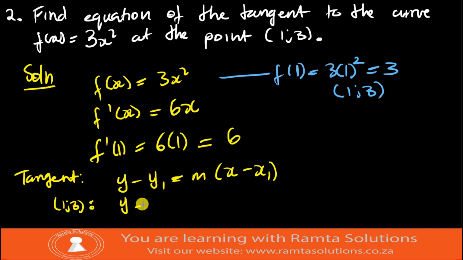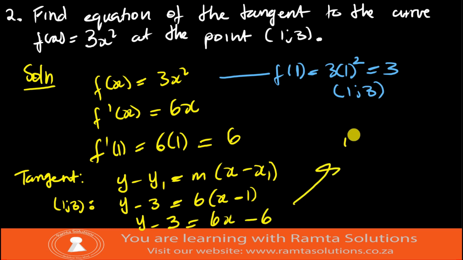Where there's y1 I put 3, the gradient is 6, and x sub 1 is 1. So y minus 3 equals 6x minus 6. So basically, our tangent is y equals 6x minus 3. That's the equation of the tangent.